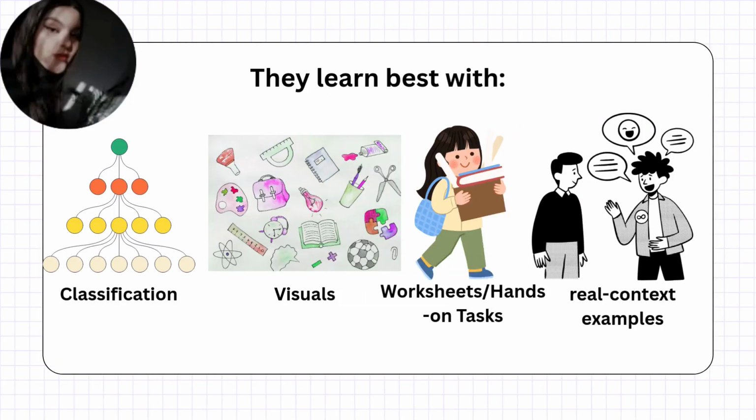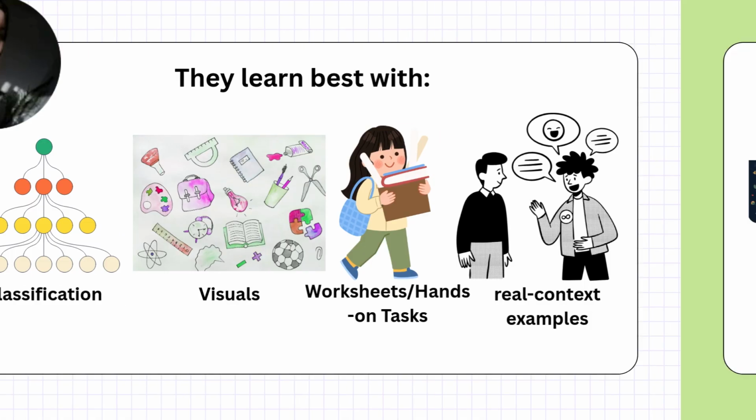This is important because these students learn best when we give them visual aids, classification activities, hands-on sorting tasks, worksheets, or real context examples, so they can develop this stage in real life situations.